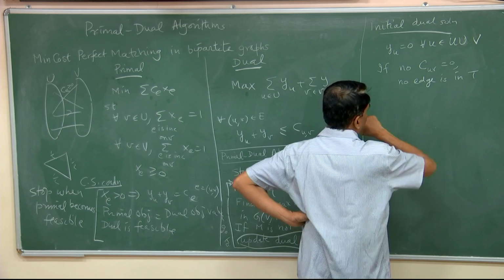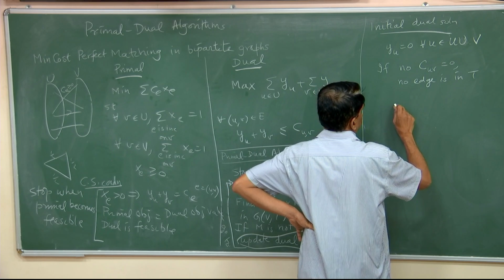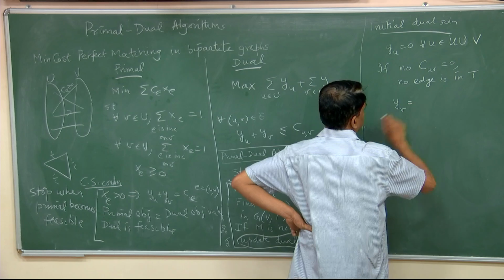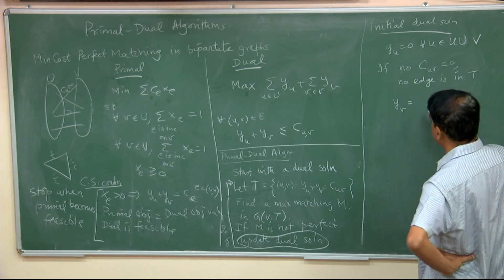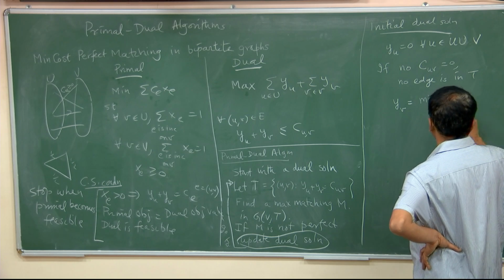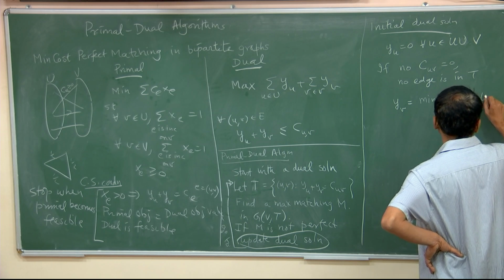Okay, so now what I do is I go to some v. In fact, I can do this for every vertex. For every vertex v, I am going to change its value y_v to the min of c_uv, where uv is an edge.